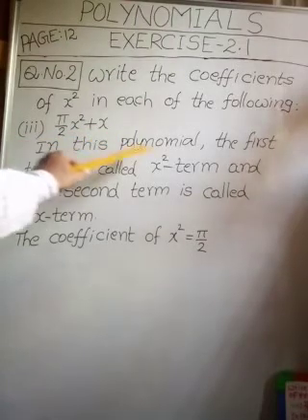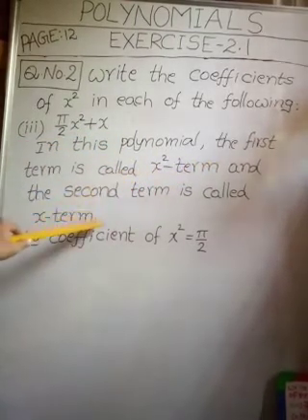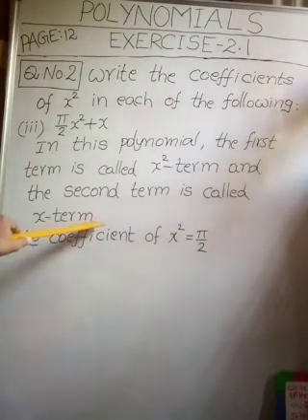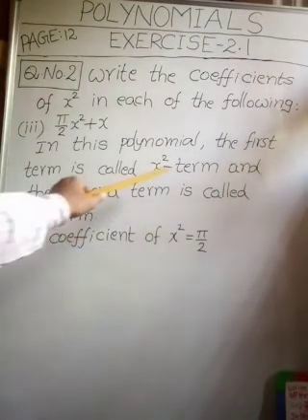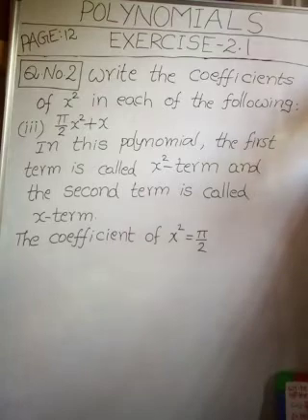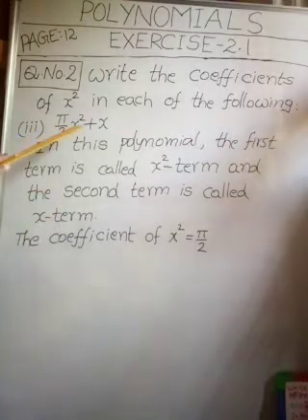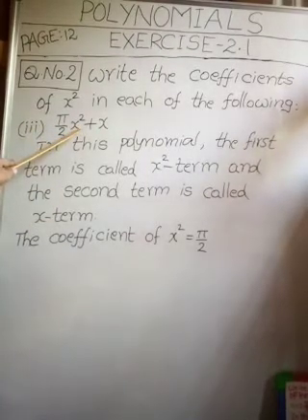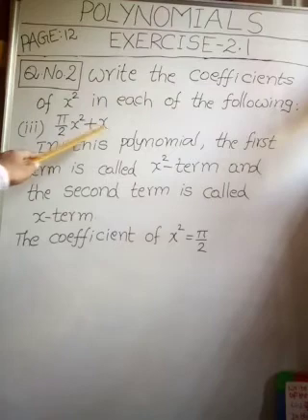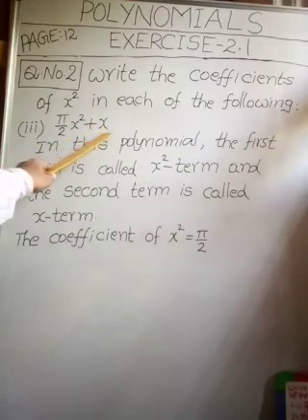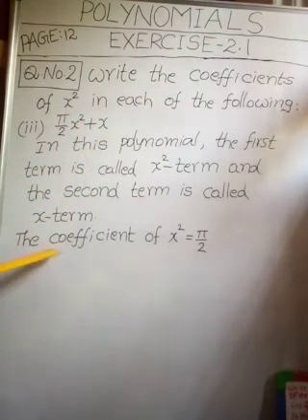X term. Actually, they did not ask this question, but most of the students will confuse the names of terms. So the first term is called x square term, and the second term is called x term.